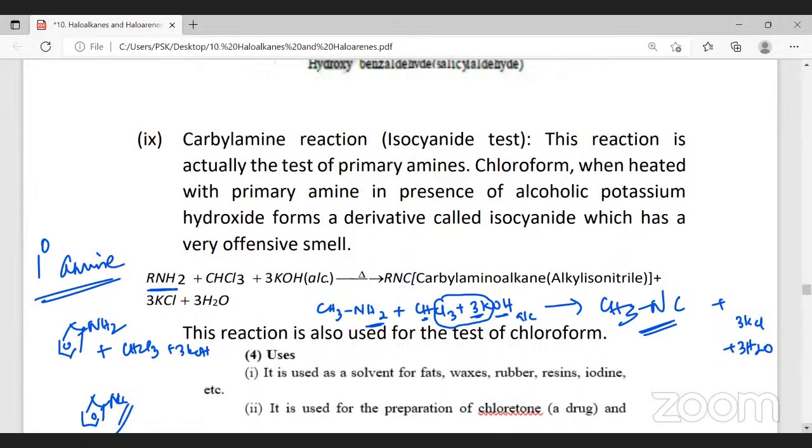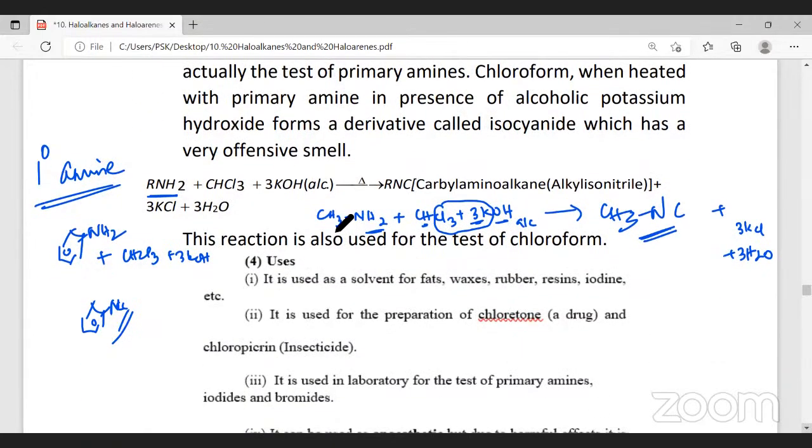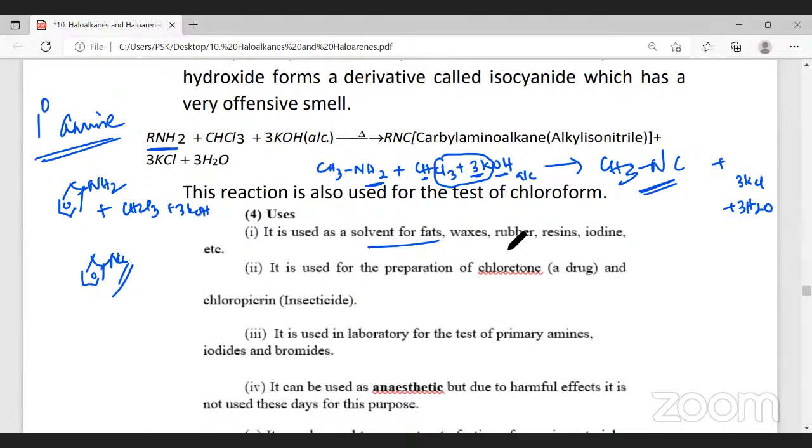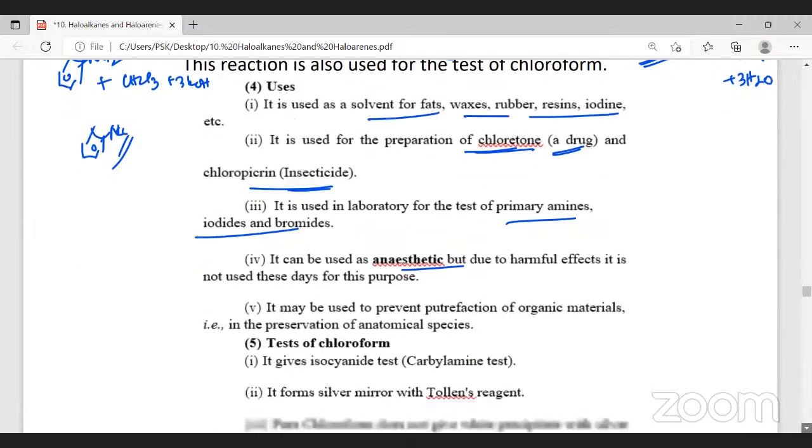Now, what are the uses of chloroform? It is used as a solvent for fats, waxes, rubber, resins, iodine. It is used for the preparation of chloretone, a drug, and chloropicrin, an insecticide. It is used in the laboratory for the test of primary amines, iodides, and bromides. It is used as an anesthetic, but due to the harmful effect, it is not used nowadays.